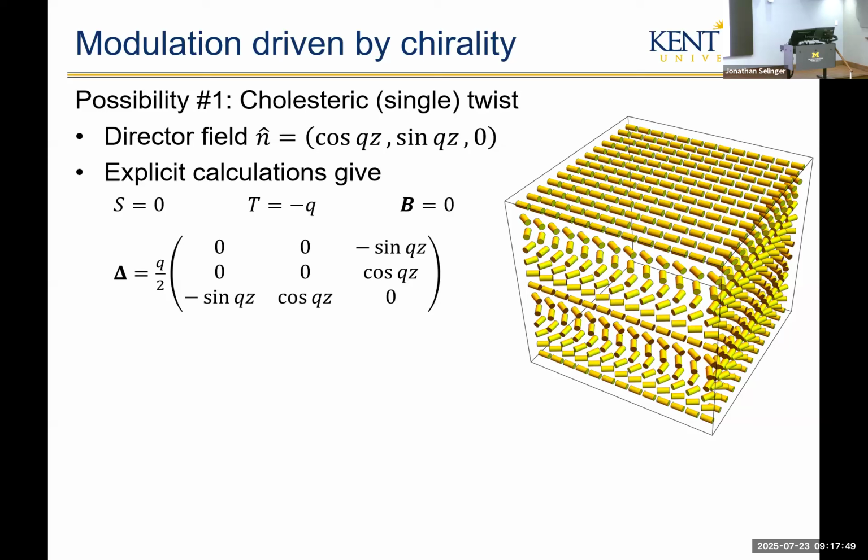And if you do explicit calculations, you can see that it has zero splay, non-zero twist, zero bend, and non-zero delta, okay? So if you don't think about the delta mode, you might wrongly think that this is pure twist, but it isn't. It's a combination of twist and delta, okay? And so this is for sure one possibility, and this happens a lot.